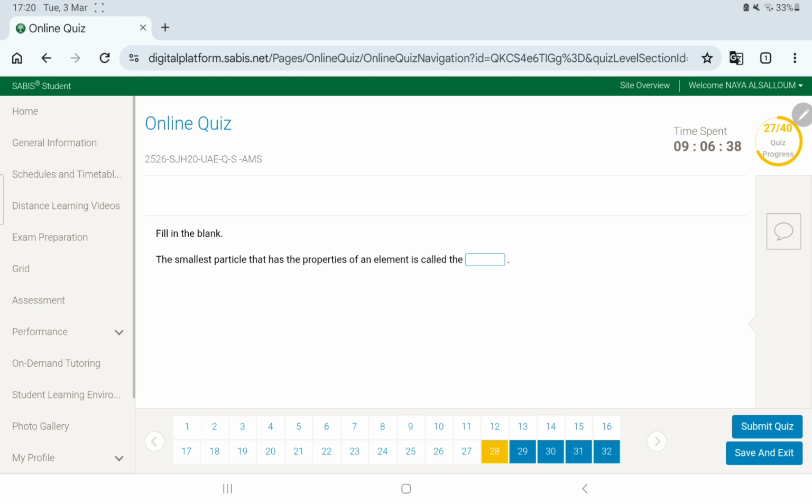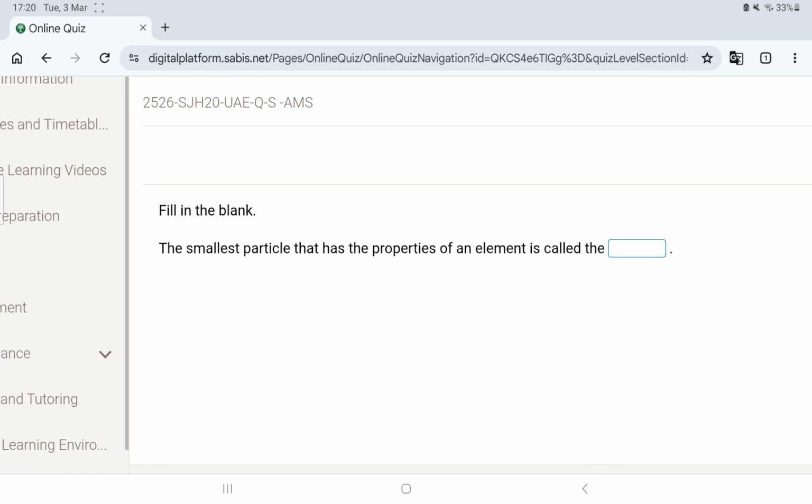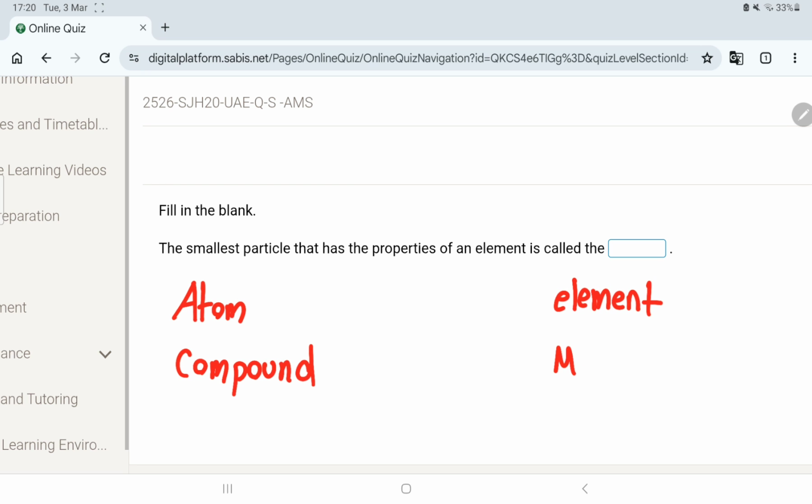Next, what is the smallest particle that has the properties of an element? Now guys, I don't know if you saw the previous part, but in the previous part, we discussed some meanings, but it's fine, I'm just gonna do it one more time. Compound, element, molecule.